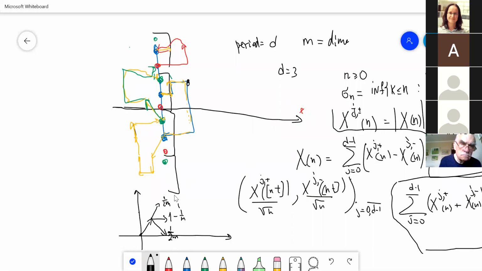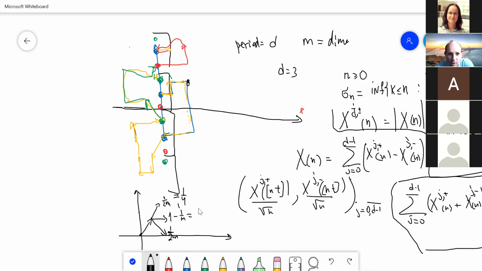Now m is 2, so here is 1/4, here is 1/2, and here is 1/4.